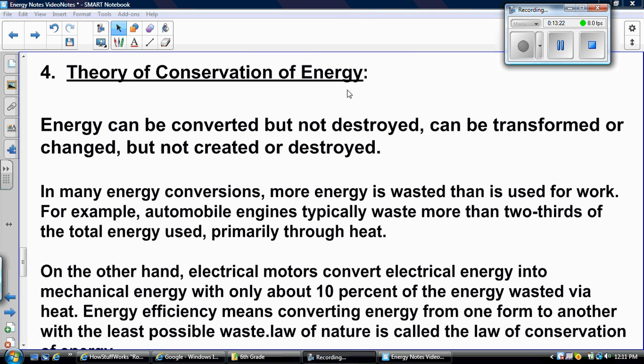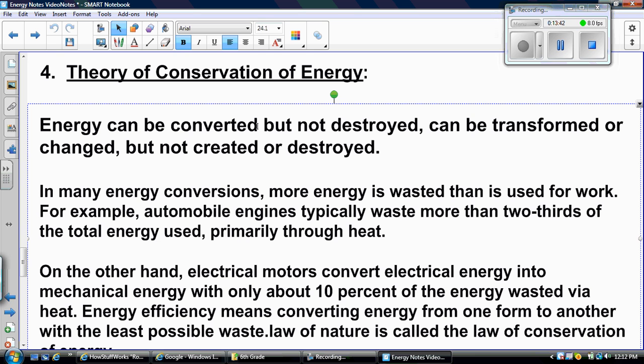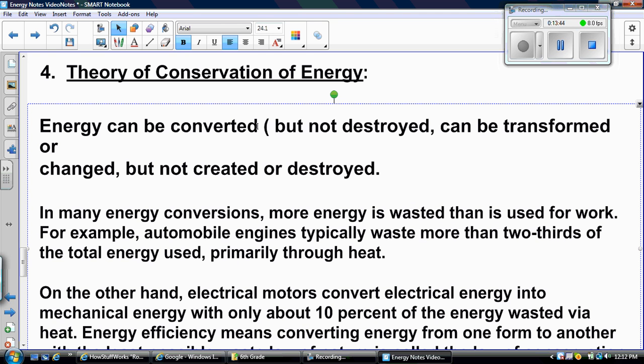Okay, before we start looking at energy transformations, I want to go over this theory of conservation of energy. This theory states, and it's very similar to the theory of conservation of matter, which we mentioned briefly in the previous unit, energy can be converted, meaning changed. So another word for converted is changed.